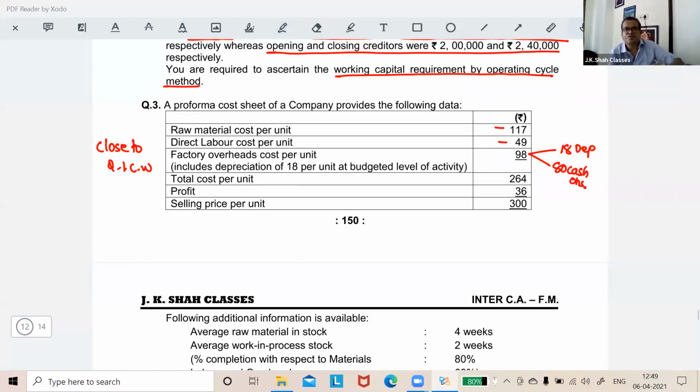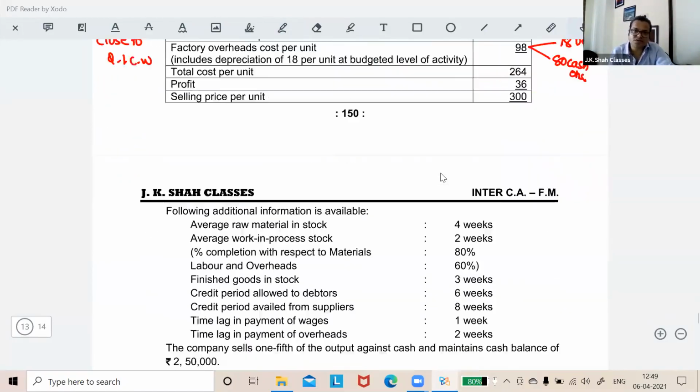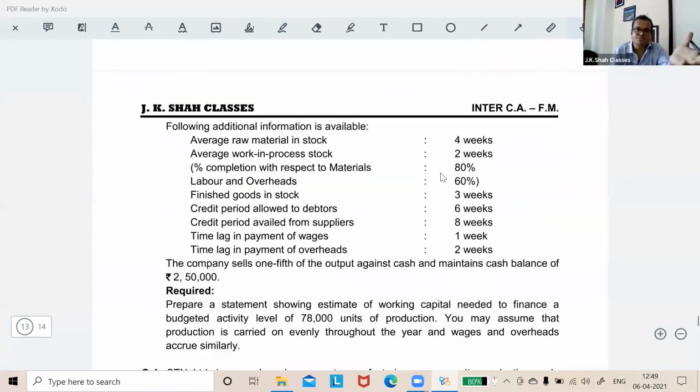If you go through the rest of the question, it is really very simple. There is no big deal. Average raw material stock is 4 weeks. Average WIP is 2 weeks duration. But what is told? Percentage completion with respect to material is 80%, and labor and overhead 60%.